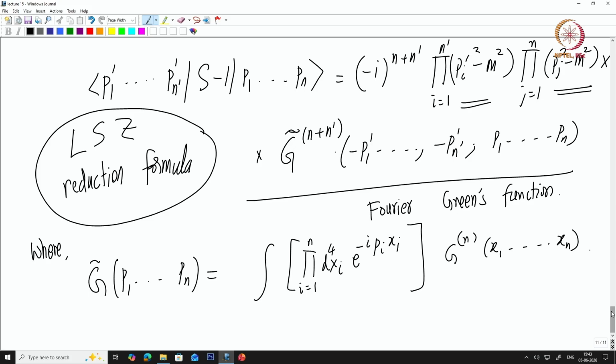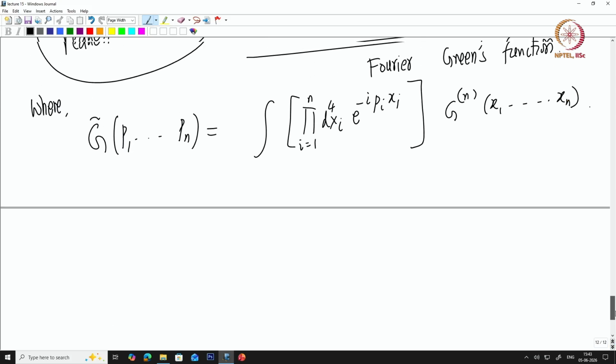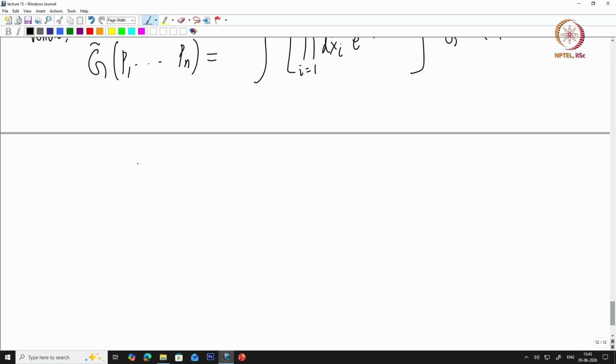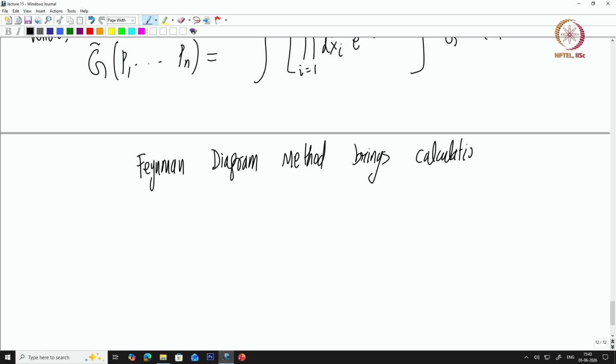In fact, Julian Schwinger is supposed to have said that the Feynman diagram method brings calculations to the masses.